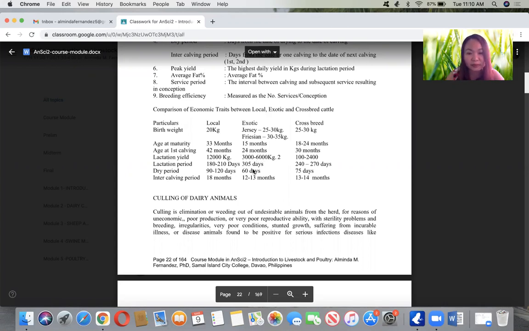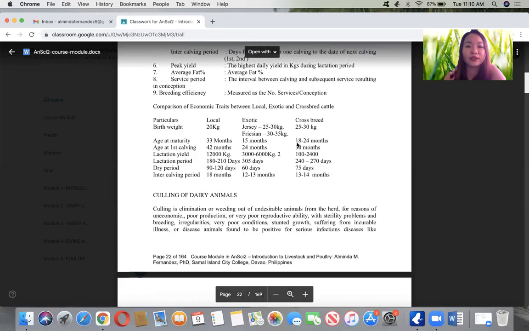And lactation period is not really very different, and the dry period is shorter, and the intercalving period is also shorter. So in terms of lactation period pala, mas higher ang local.